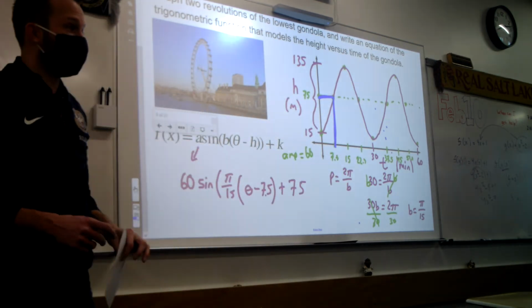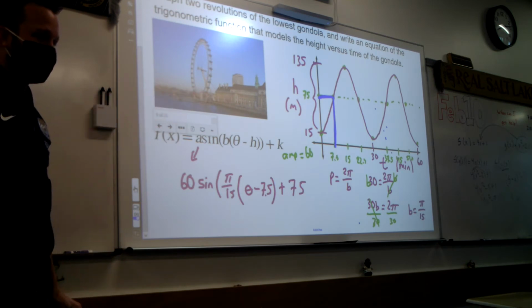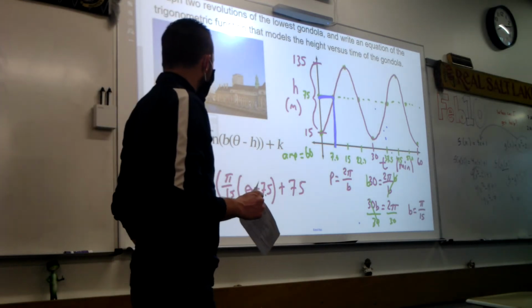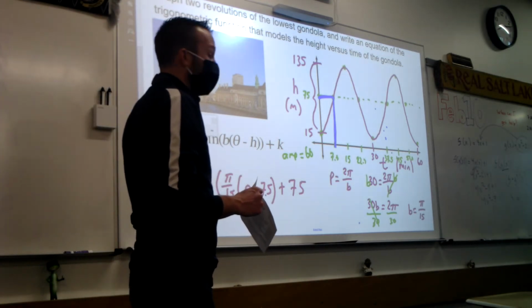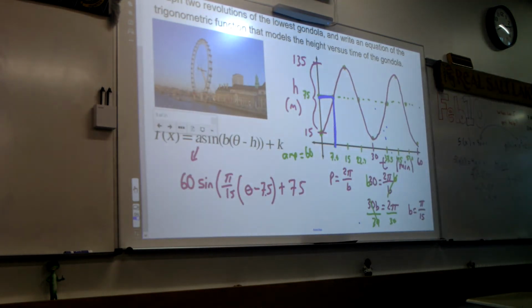How are you going to check your work on this? On your graphing calculator. Okay, but what I want you to do, so first off, you want to be in radians. So when you get your mode set to radians, go into your y equals and plug it in.